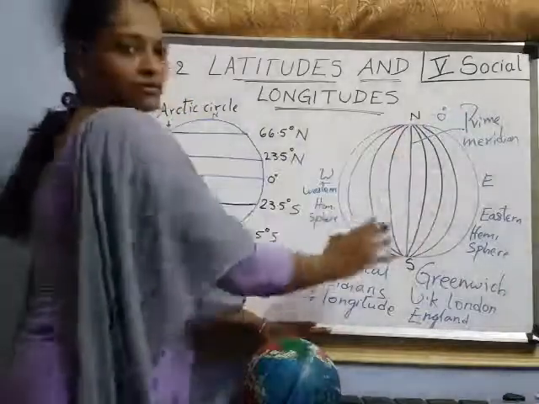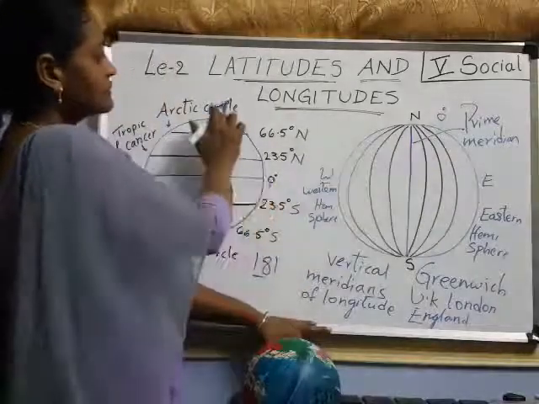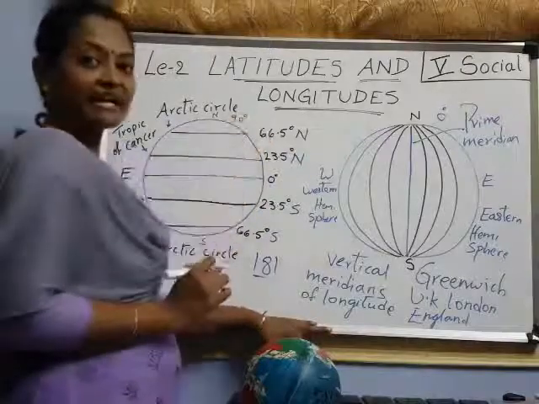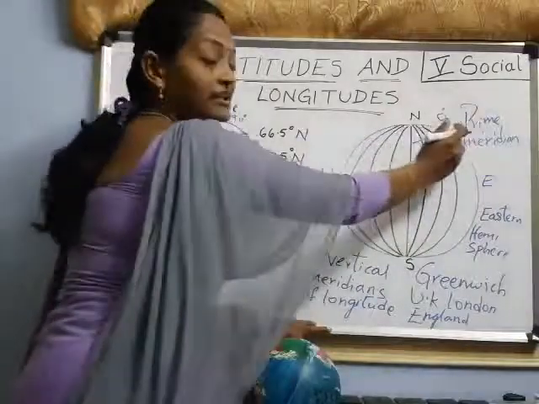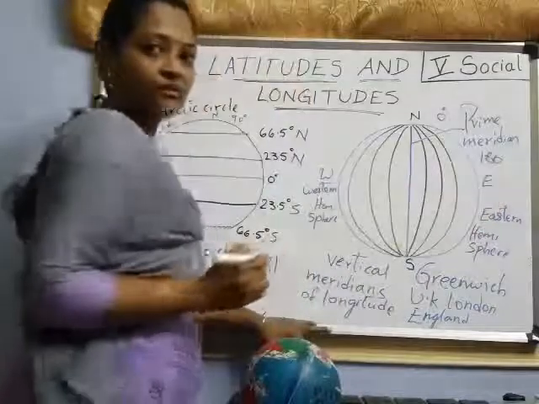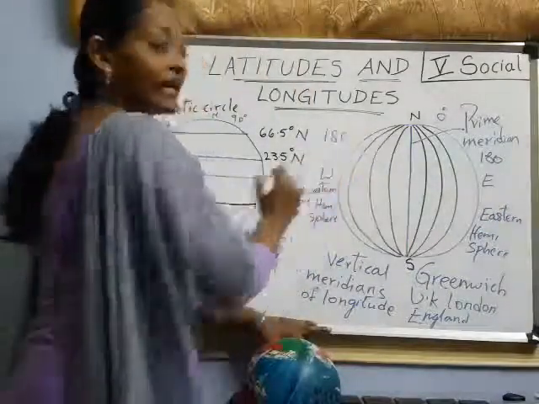Now look here. From 0 to the North Pole, how many did I say? 90 degrees, right? And from 0 towards the east side, 180 lines, and towards the west side, again 180 lines.